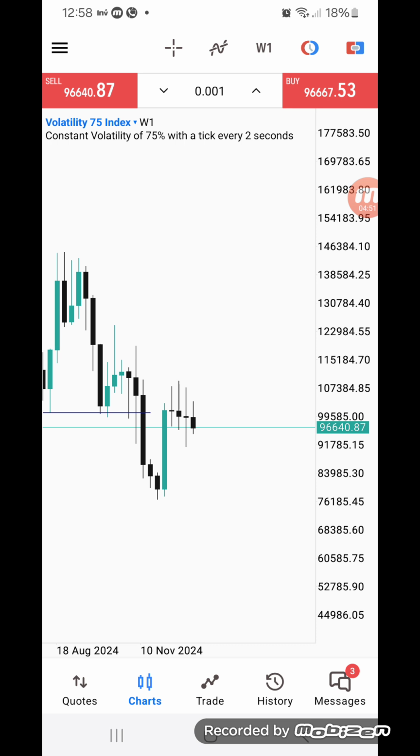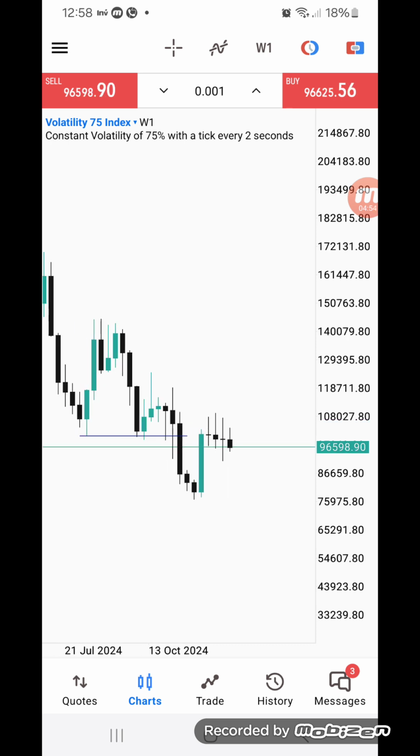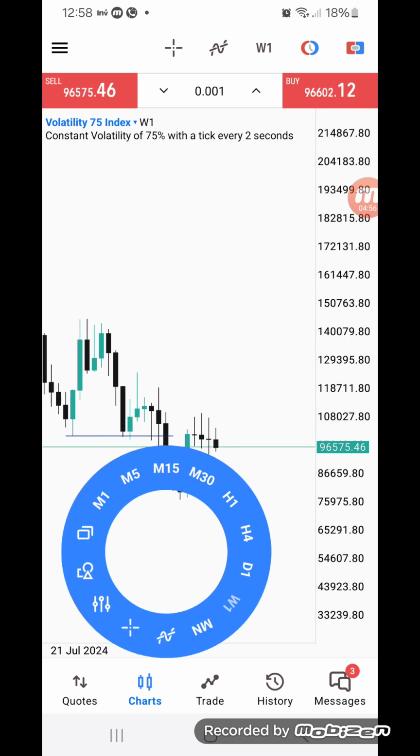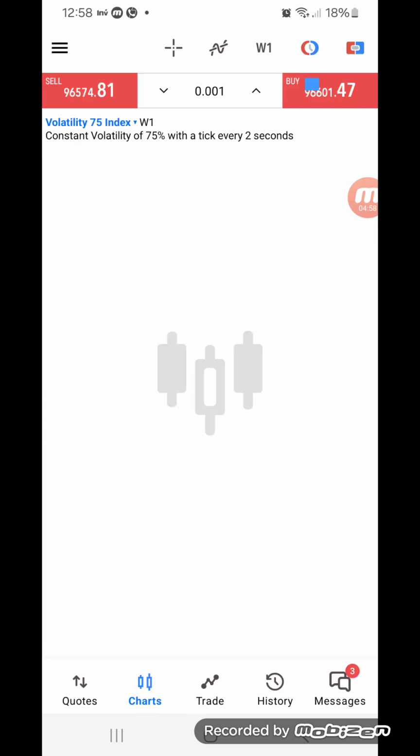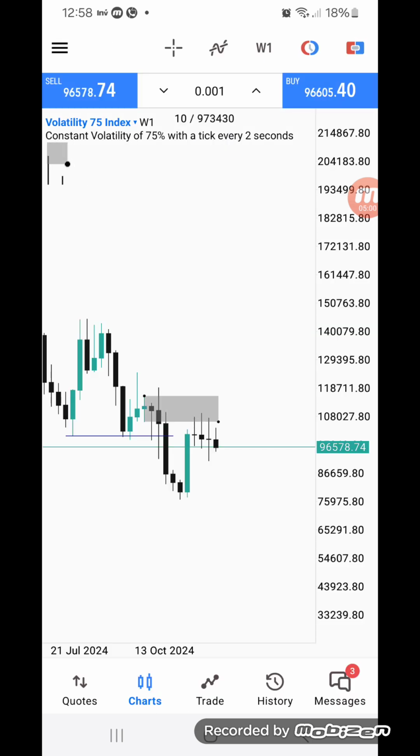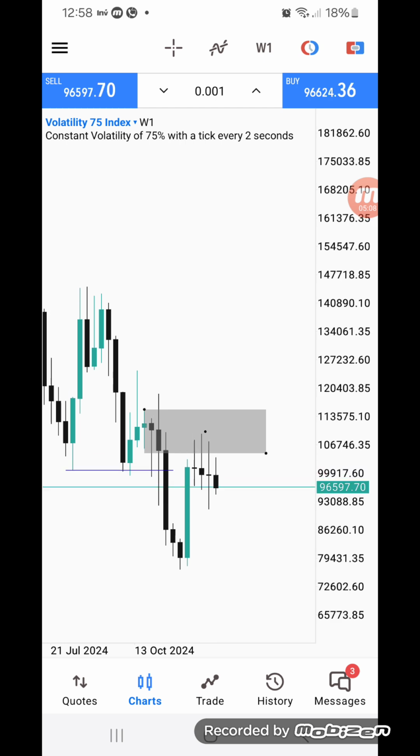And so what made the market react at the equilibrium zone? There was this order block here. You can see this weekly order block. This is one of the points of interest that we are looking for.